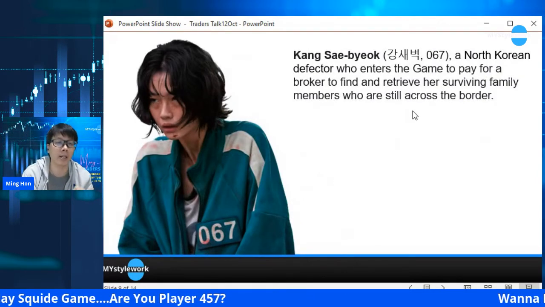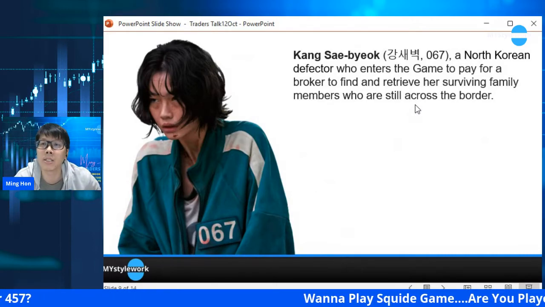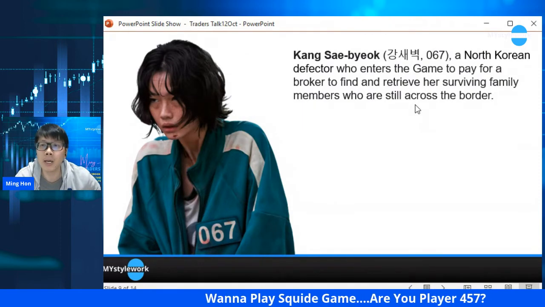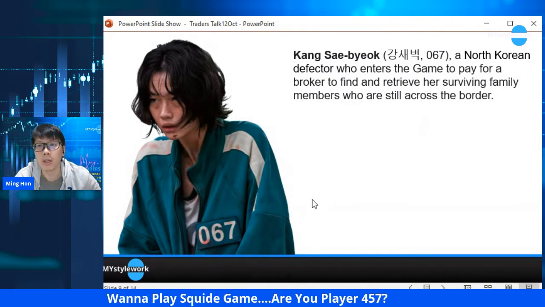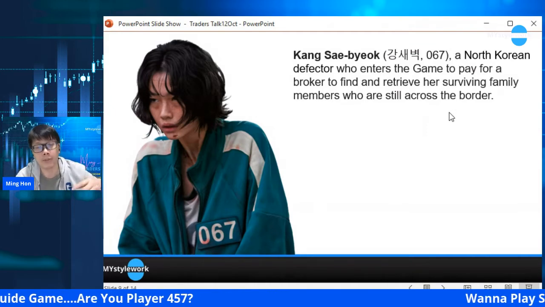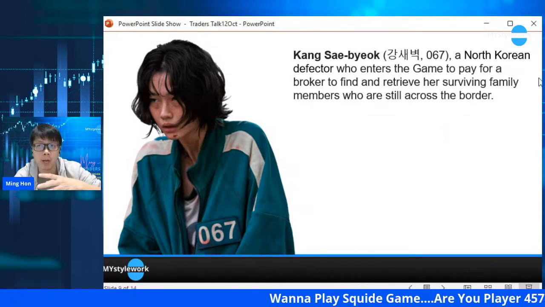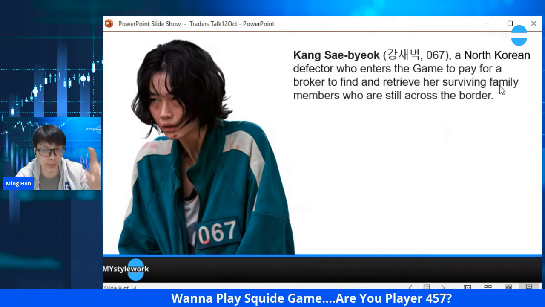The next character, this is a girl lah. Her name is Kang, number 067. And if you see here, she is a North Korean defector, which means that she has run away from North Korea and entered South Korea. And she entered the game also.